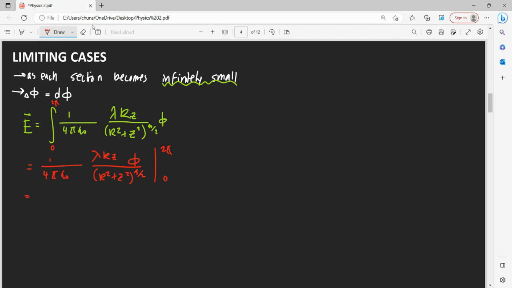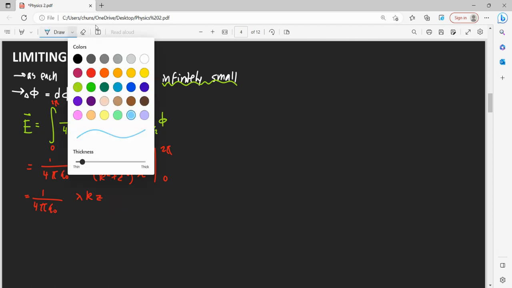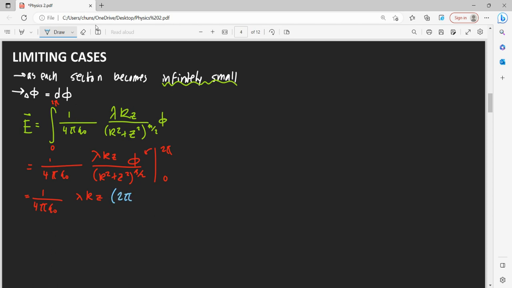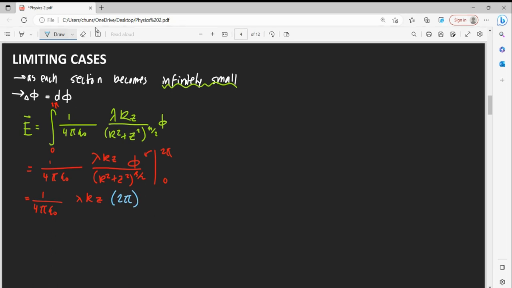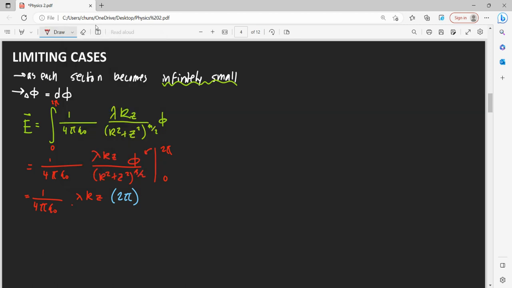Right? And then we're going to plug in this for our value of phi. So when we do that, we have 1 over 4 pi epsilon 0 r z, and in place of our phi, I'm going to do this in a different color, we have 2 pi over r squared plus z squared to the power of 3 over 2.